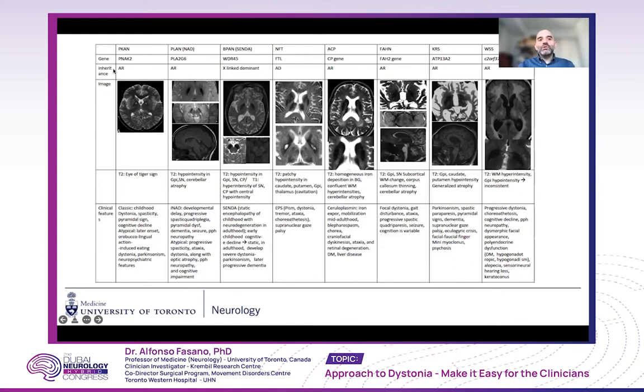Most of these conditions are autosomal recessive, as you see. Very few are inherited in a different way, and they all share this peculiar accumulation of iron in the brain. Now, depending on the type of accumulation in the brain and what other features you see, like, for example, in this one, the so-called eye of the tiger sign, you can reach a final diagnosis. The treatment, unfortunately, still remains symptomatic.